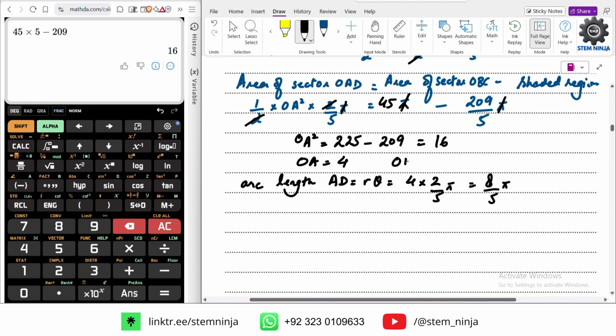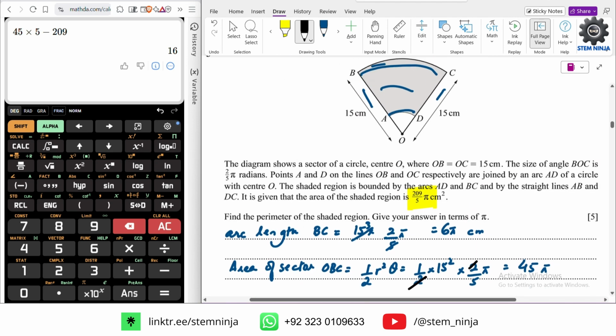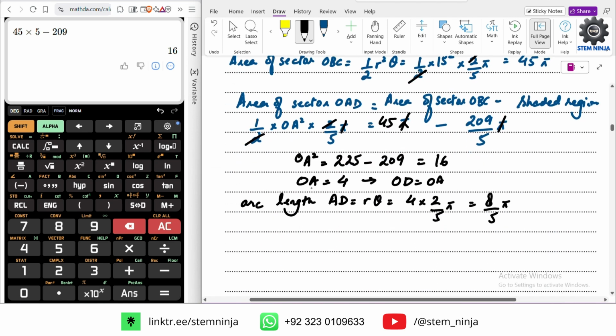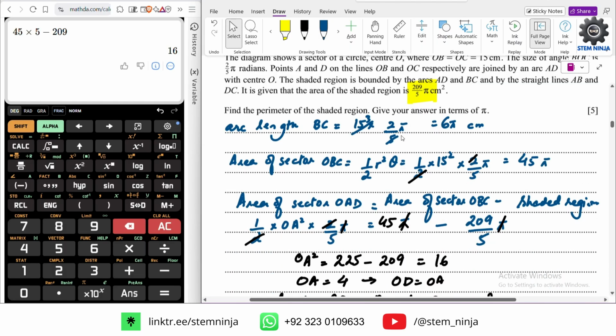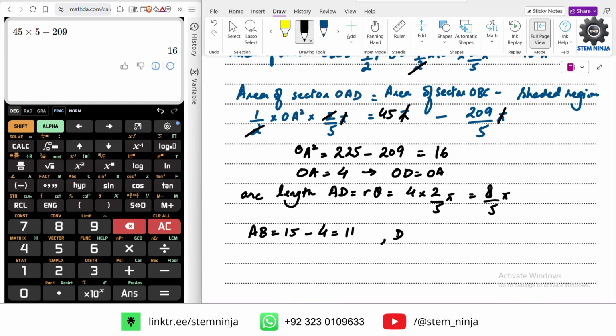AB is going to be 15 minus OA, which is 4, so 11. DC is also 11. So DC is equal to AB, also 11 centimeter.